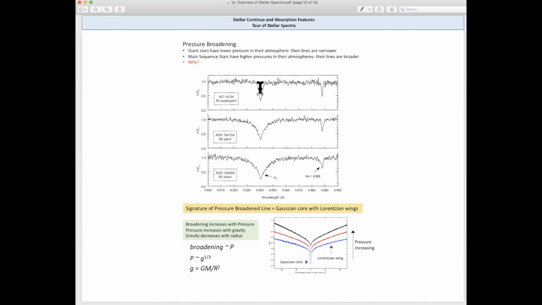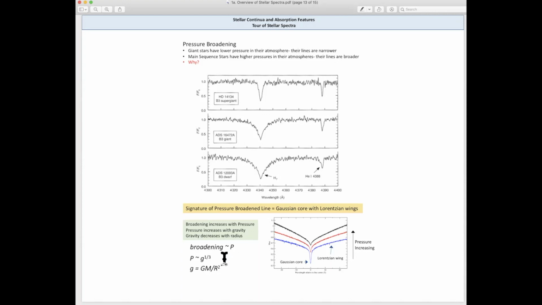Sure. If you come down to this little area down here, you see that this is a high pressure atmosphere, and this is a low pressure atmosphere. So the broadening increases with pressure.